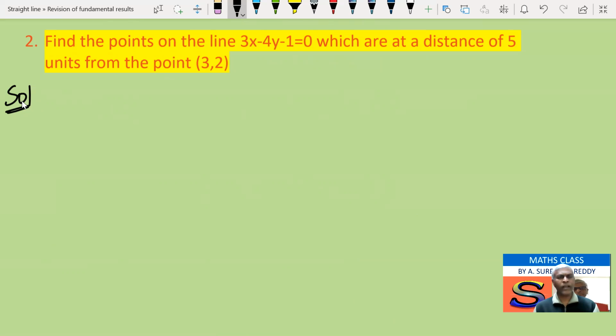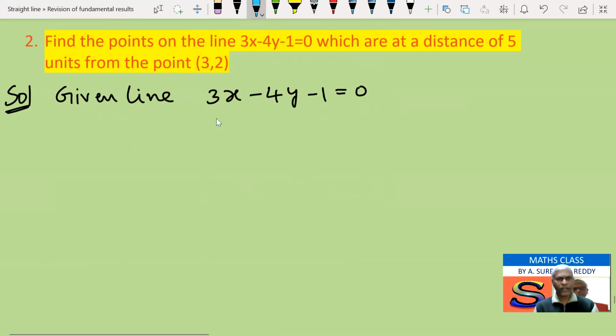Find the points on the line which are at a distance of 5 units from the point. Now, the given line, equation of the given line is 3x minus 4y minus 1.